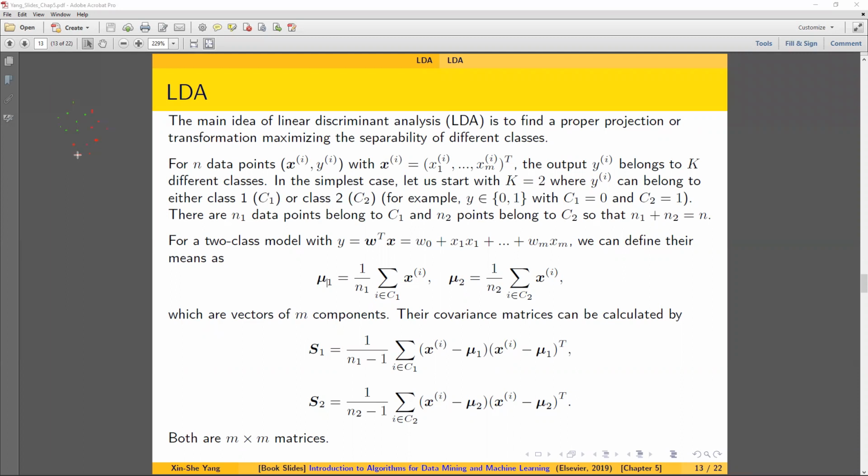I already used red and green to separate those two classes of data.